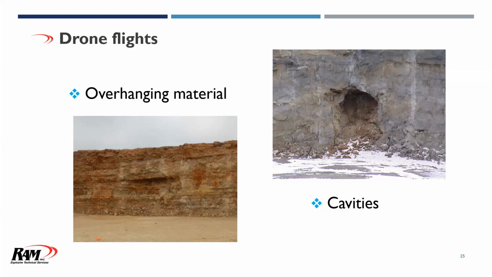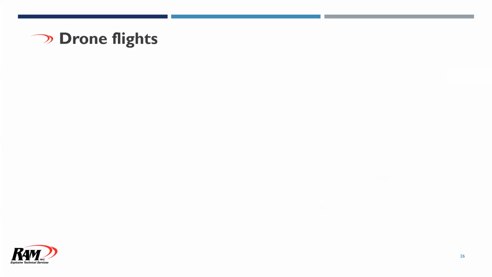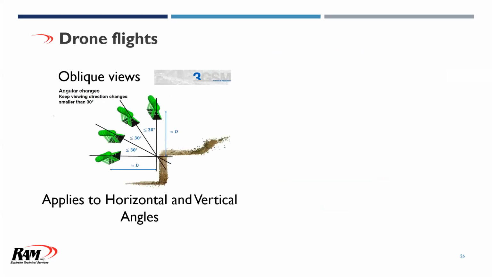The one on the left, as you can see, a fair amount of material has fallen out. So again, big concern design-wise. So in a case like this, we have to look at how we would fly that. We'd want to be able to capture that crest and in 30-degree increments drop down and then capture the face as well.